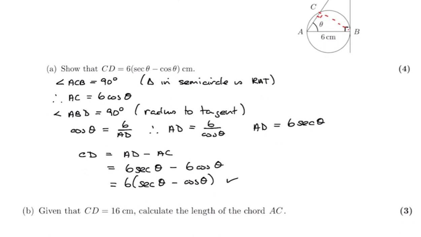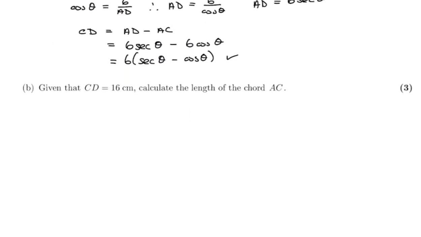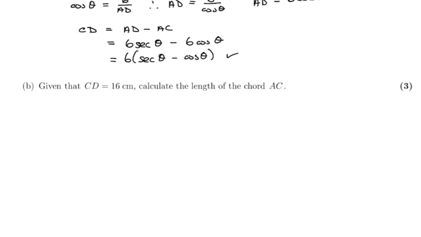It then says, given that CD is 16, calculate the length of the chord AC. If we put in what we know, we get 16 equals 6 over cos theta, which of course was 6 sec theta, minus 6 cos theta.